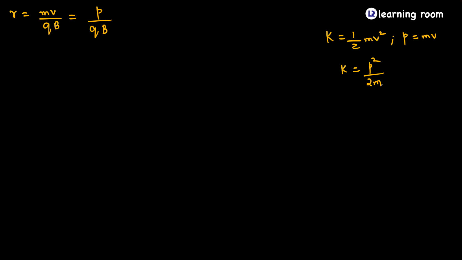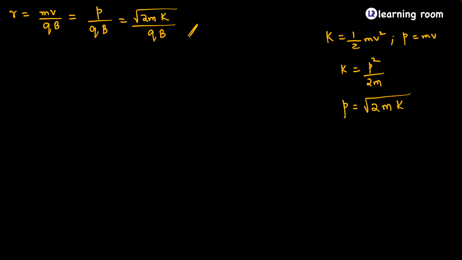When you do that, you will get p square by 2m. So p is equal to root of 2m into K. So this can also be used here, which is going to be root of 2m into K, the whole divided by qB. So what happens in a problem is, depending on the parameter that I give you in the question, you can use either of them. If they give you the mass, velocity, charge, and magnetic field, use the first one.